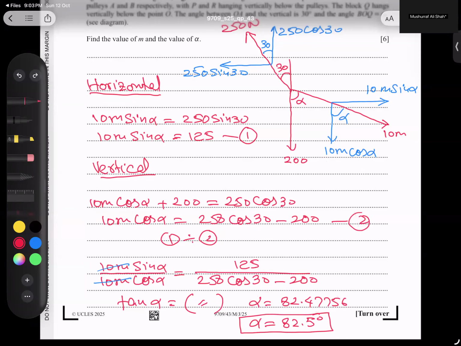I make m the subject: m equals 125 over 10 sine alpha. So sine of answer, then times 10, and 125 divided by that answer. And my answer finally comes to 12.6 kilogram.